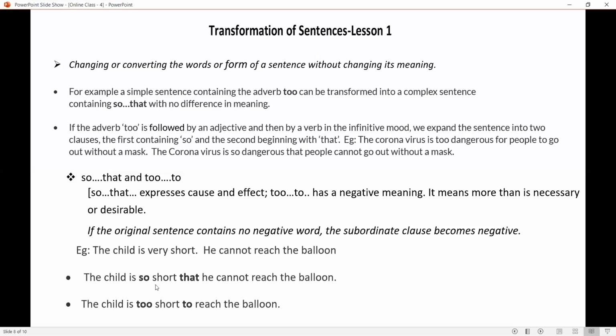When we use so that here, the main clause is the child is so short and that he cannot reach the balloon is the subordinating clause. Here we have used a negative word, not. Then how to change this into another form of sentence using too. Child is too short to reach the balloon.